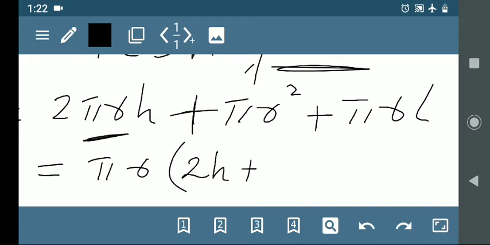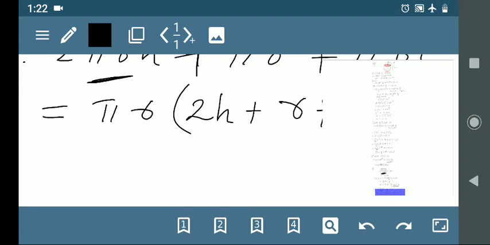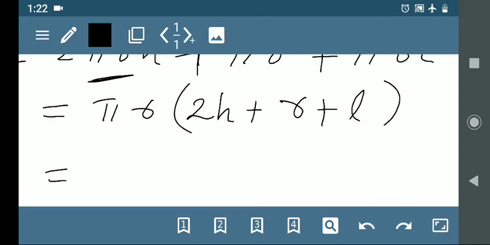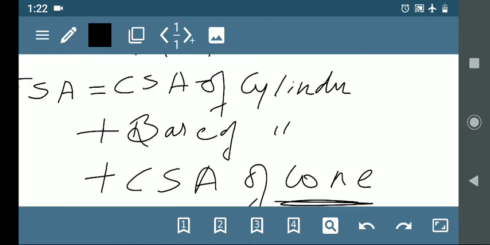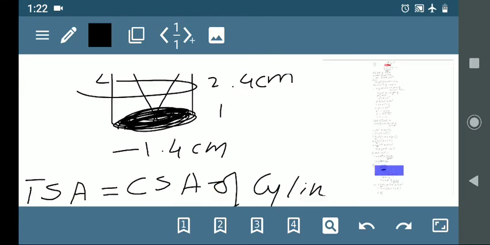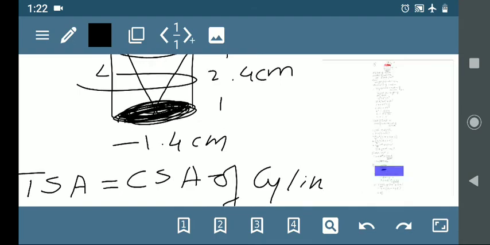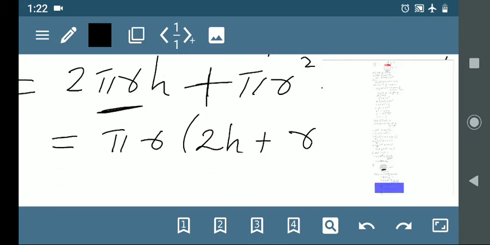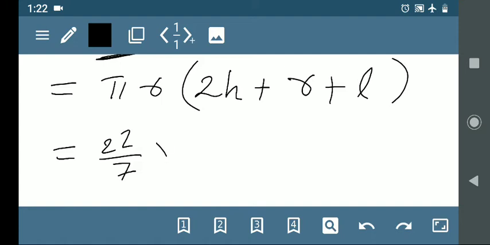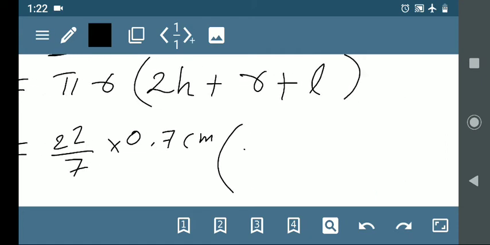So which is equal to, pi is 22 divided by 7, times radius. What is the diameter? 1.4 centimeter, so the radius will be 0.7 centimeter, times 2 into the height of the cylinder.